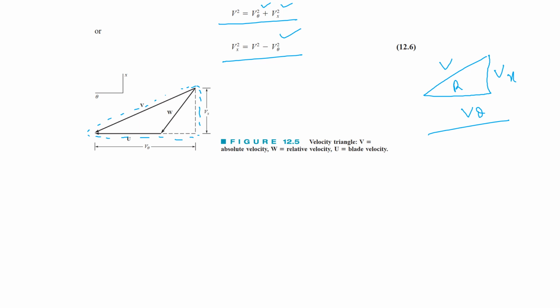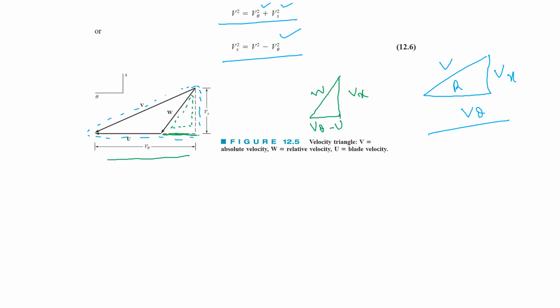Now we have another small triangle. If you would like to see right here, we have this small triangle also, and this is also a right angle triangle. It contains W, Vx, and this small portion right here will be equal to, if we subtract U from V theta.